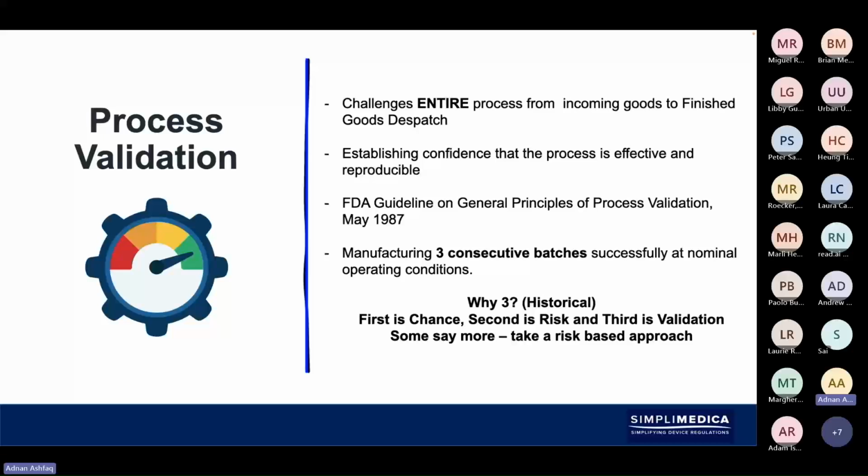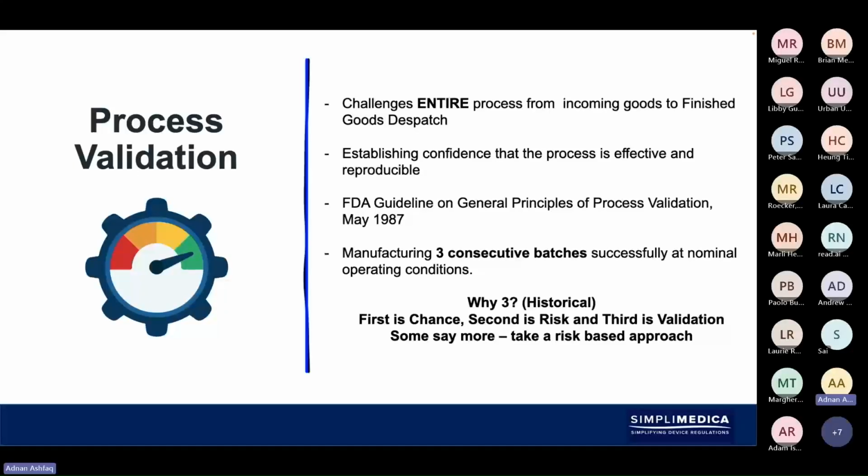There's all sorts of other useful guidelines. There's the process validation guideline from the FDA, and I will annotate some of these later on with some of the guidance documents that you can use in addition to the GAMP guidelines. And then three consecutive batches. Everybody talks about three. Why three?